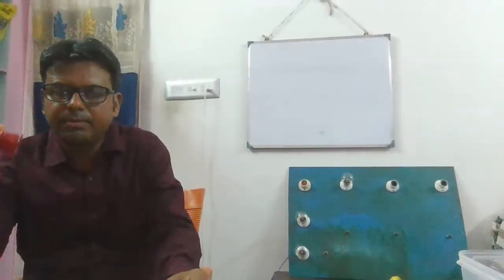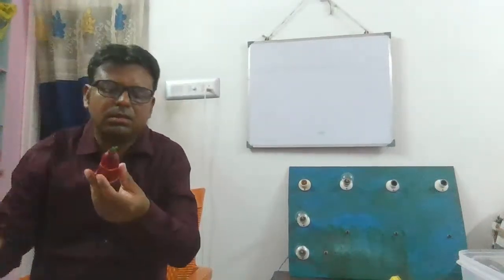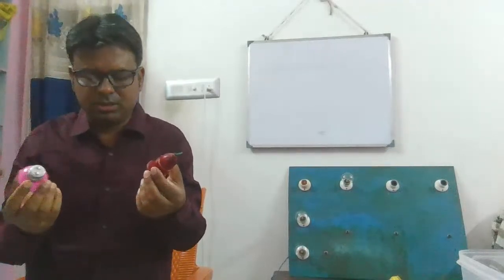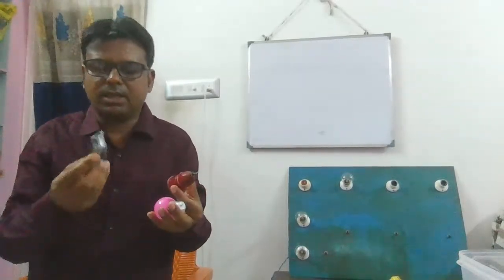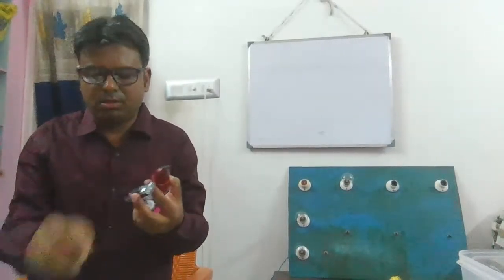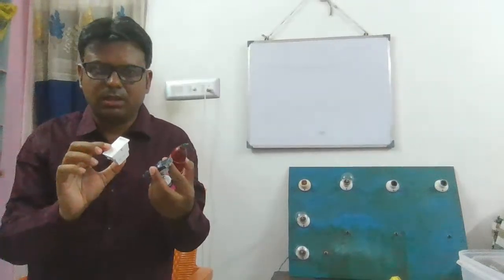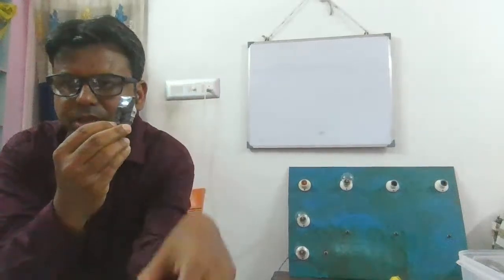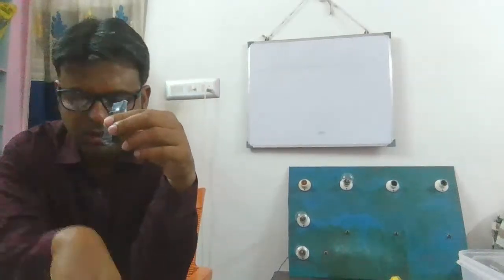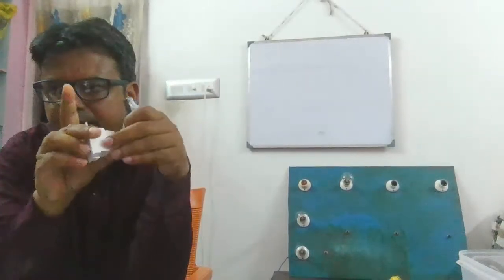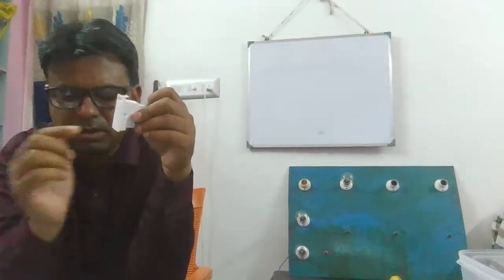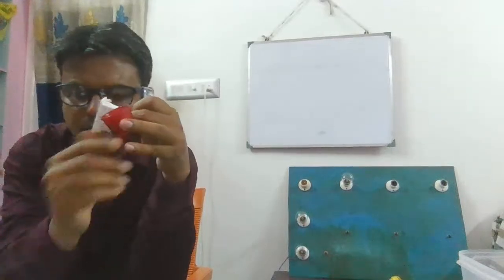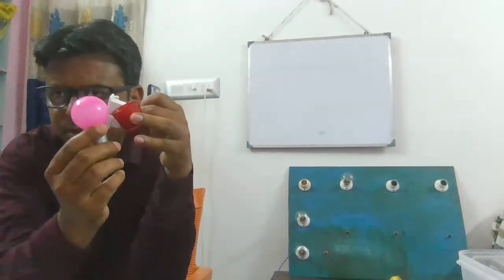It is a holder, and it is a bulb, and it is a switch, and also it is a switch. Here it is a 5 ampere switch. It is a 15 ampere switch, and it is a holder, and it is a bulb.